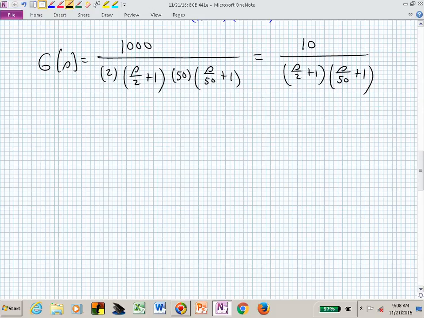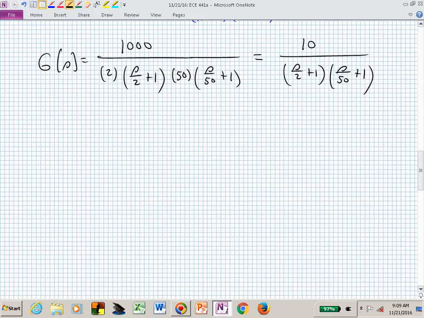If I said low frequencies, what's the magnitude of this system, or what's the DC gain of this system? Can you tell me? 10. Since I've put it in time constant form, if I put s equal to j omega and say omega equals 0, the imaginary piece goes away, and in the denominator I just have a couple of 1s multiplied together, and then I simply have the 10 left over.